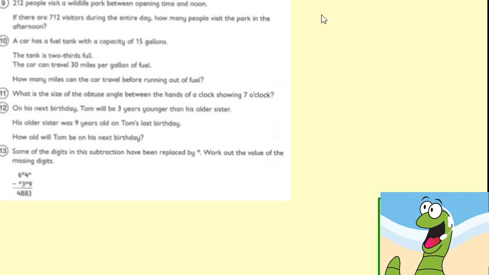Okay, so in this one we need to find out what the value of the missing digits are. So we have a 6, we have a missing number, and then we have a 4, and then we have a missing number. The sum is a subtraction. Then there's a missing number, and then we get a 3, and then we have a missing number, and then we get a 9.